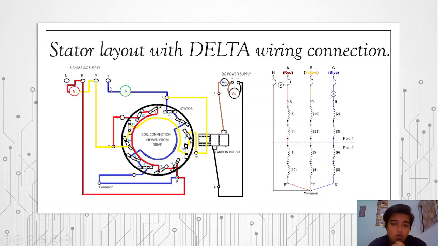And for the blue line, we connect to the input current, and the output current straightly connects to points 2 and 3, and then goes to points 9 and 8 for pole 2, and then connects to the common straight to the red line. So that is the delta wiring connection for the stator.